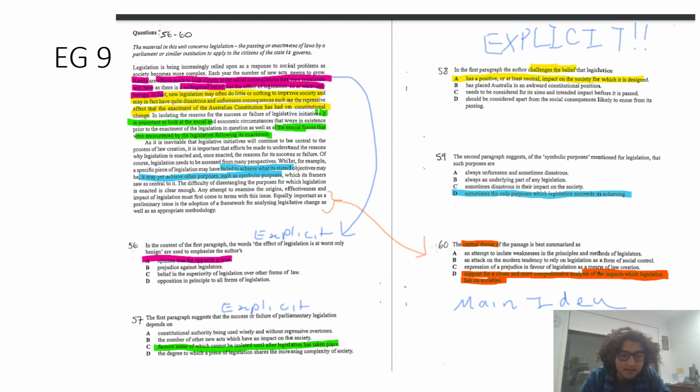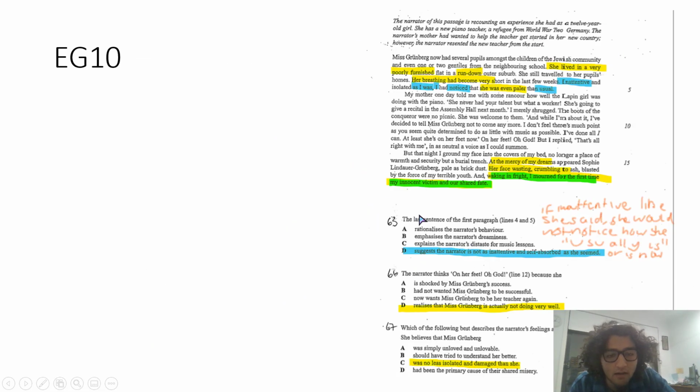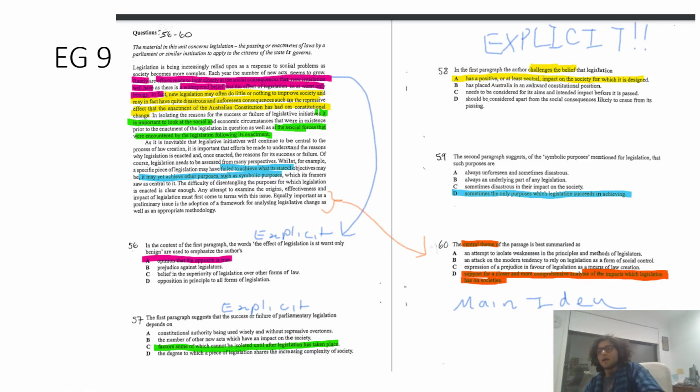Okay, 60. The central theme of the passage is best summarized. Let's look at the whole paragraph. The main idea is that legislation is not so good because they don't consider social consequences. At the end it says, equally important as a preliminary issue is the adoption of a framework for analyzing legislative changes.